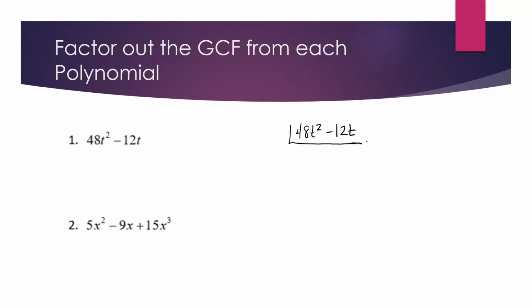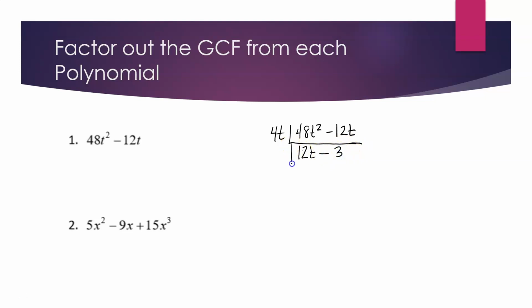A 4 goes into both of these, right? And 1t. So 48t squared divided by 4t is 12t. Negative 12t divided by 4t is negative 3.